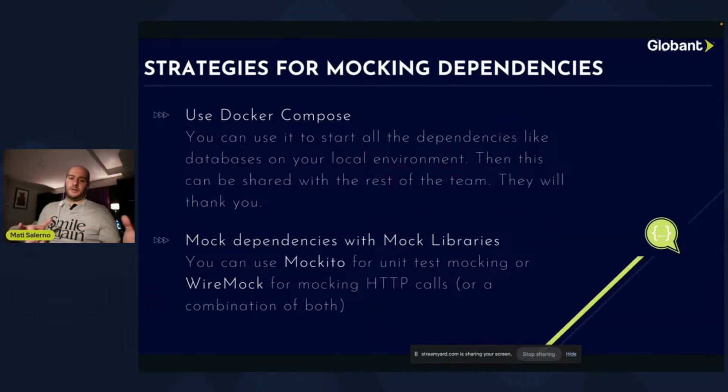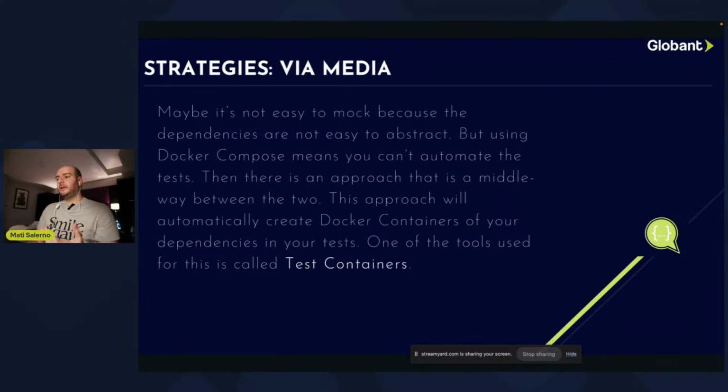But Docker takes more time to run tests again and again. It's harder. So the best way here is to find a middle ground, and we can find this middle ground with a library called Testcontainers. And this library we're going to learn today in our examples.